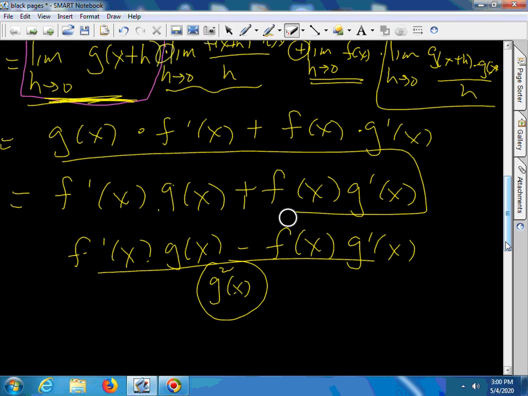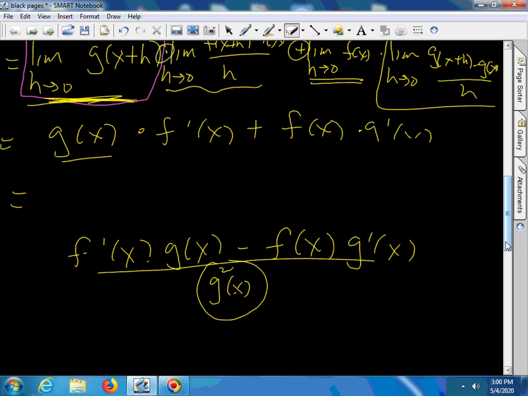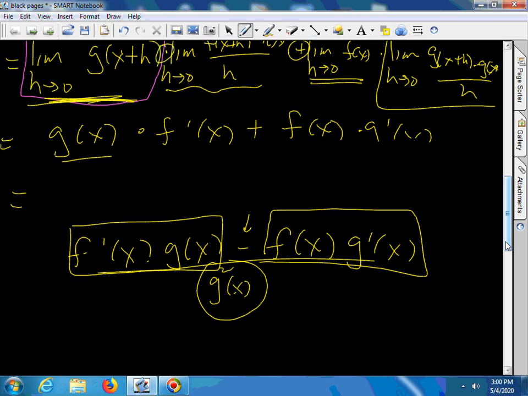A couple of comments. Since this is subtraction, the quotient rule, at least the numerator, is not this minus that. They don't commute. Actually, most books don't even have it this way.